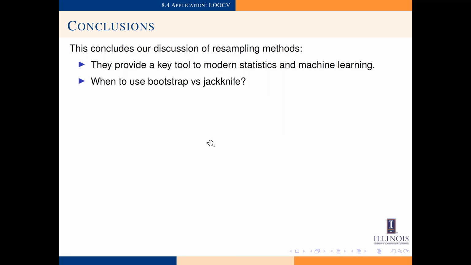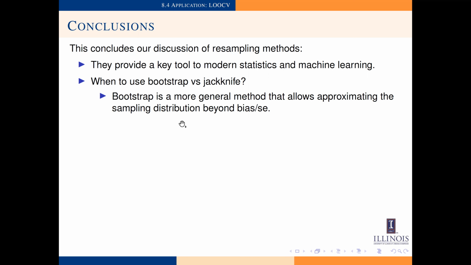One question you might have is, when should I use Bootstrap versus Jackknife? In general, Bootstrap is a more general method that allows approximating the sampling distribution of a statistic. So this goes beyond what Jackknife can do for estimating the bias or standard error of an estimator.